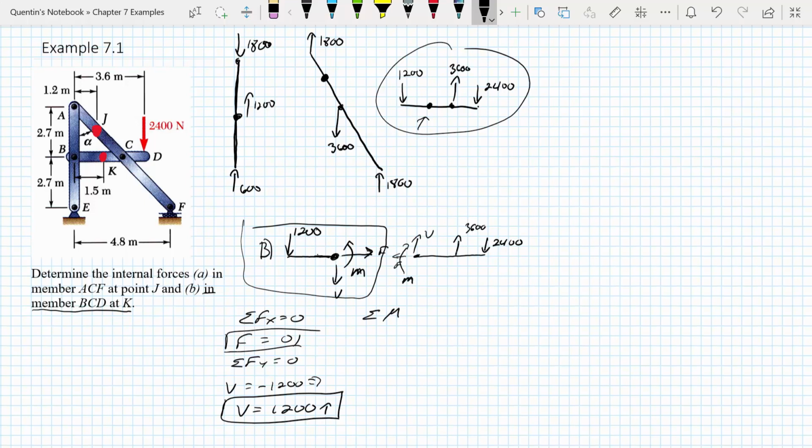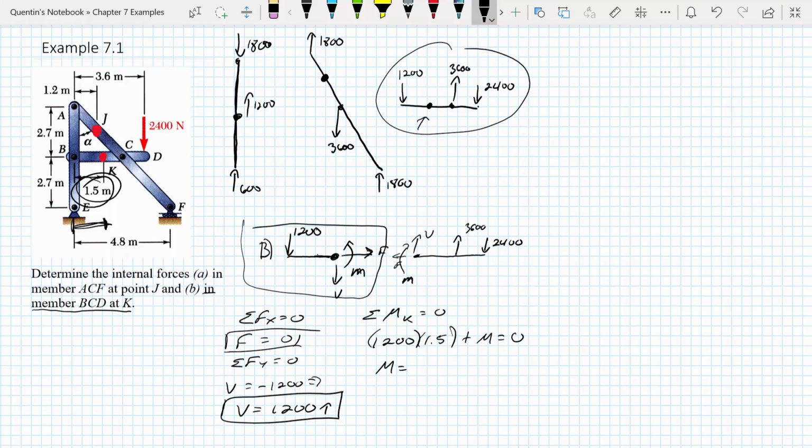If we take it at point K, then we have 1200 times the distance from here to point K, which is defined as 1.5. That's going to make it rotate in that direction, the way I drew it, plus my moment equals 0.